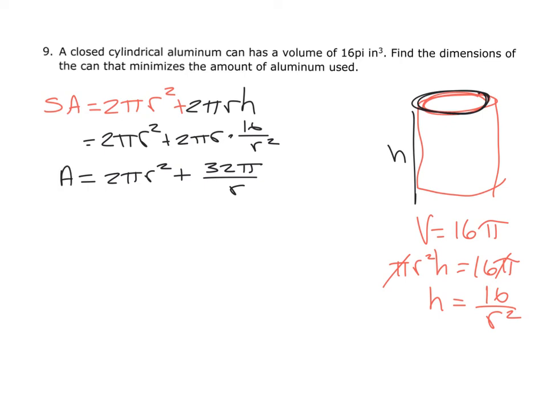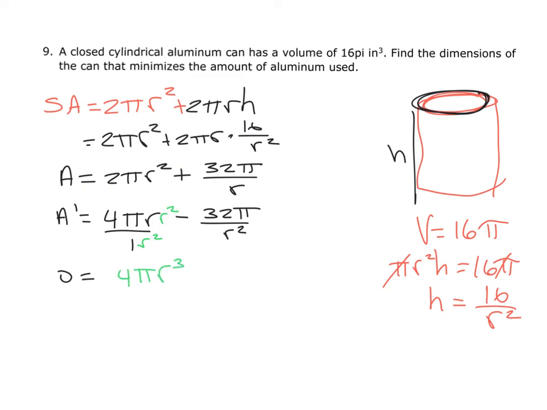Alright, so that's my surface area. Take the derivative, set it equal to 0. 4 pi r minus 32 pi over r squared. I'm going to make my common denominator, so times r squared. So 4 pi r cubed minus 32 pi all over r squared. Again, I'm going to ignore the bottom, set the top equal to 0.